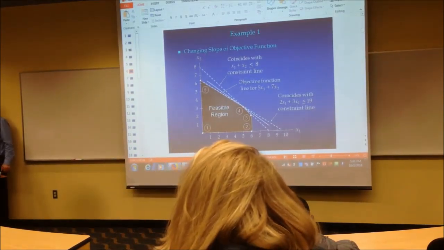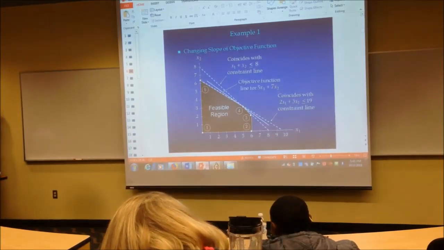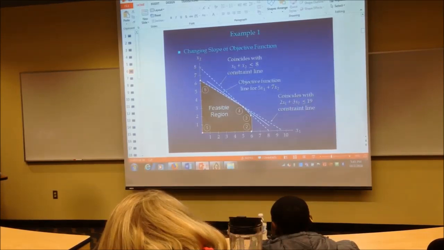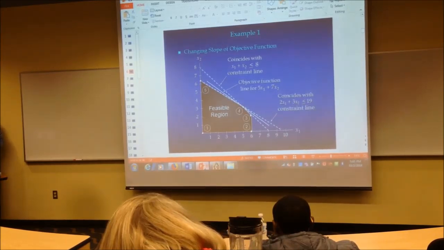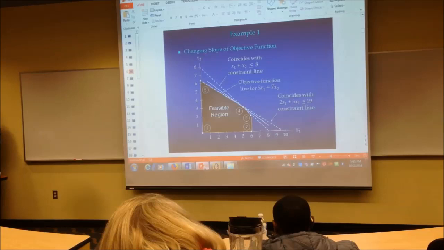The word optimality is where everybody starts to go, wait a minute, what's that refer to? This is referring to the numbers in the objective function. That's what I would write in my notes. Optimality is always related to the objective function numbers. Right?